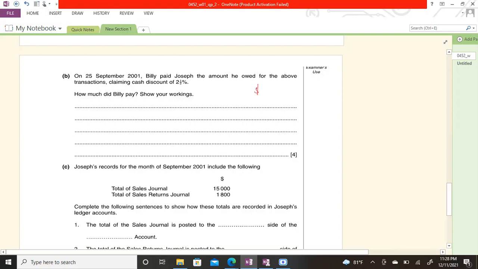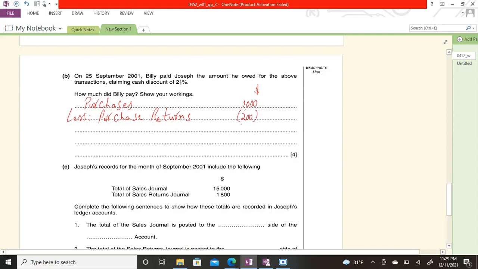So Billy bought goods. So the purchases for Billy are $1,000, less purchase returns for $200.